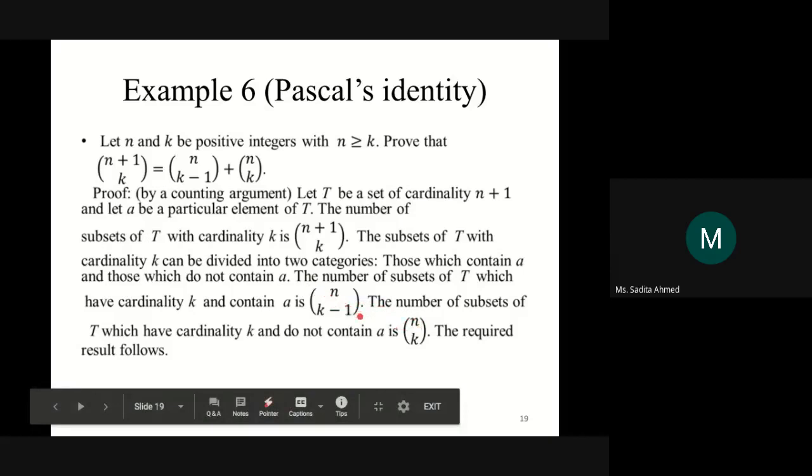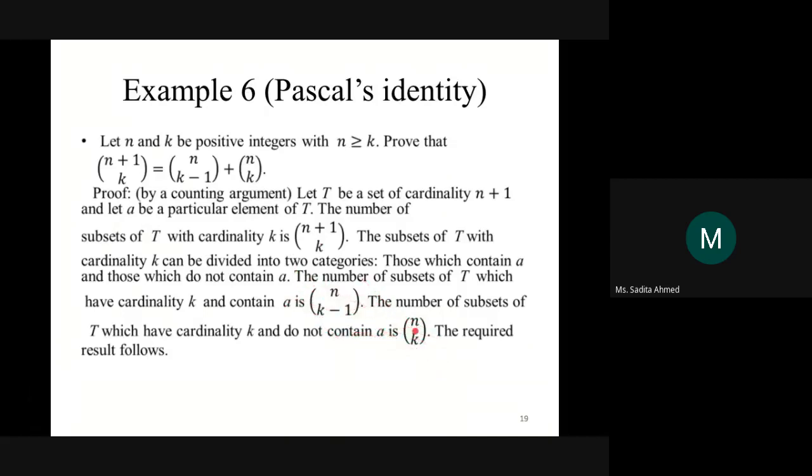And if you sum these up, obviously you'll get the total count of subsets, all right? If you think about this group, this is the group of all those subsets which contain A. What else remains? Only those subsets which do not contain A remain. So if we sum these two, we will get this. All right? And there will be no duplication of count since there obviously will never be anything in common among these two groups. All right?